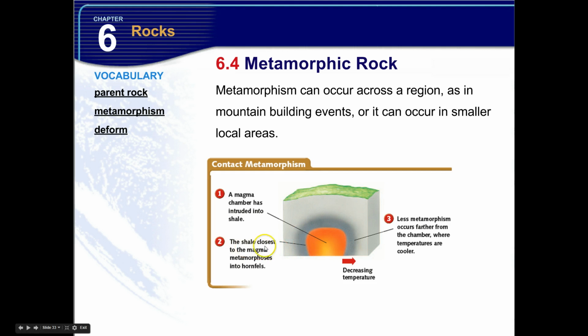In this case, the shale is closest to the magma, and it starts going through huge amounts of heat, and as that temperature decreases, there's less metamorphism that occurs on the outside, away from the magma chamber. There's more metamorphism that occurs closer in. So there are different levels of metamorphism as well.